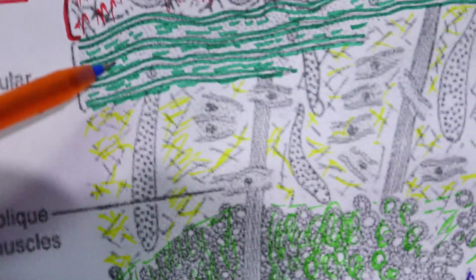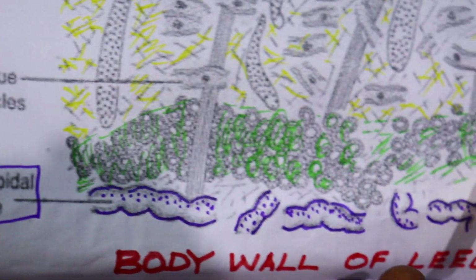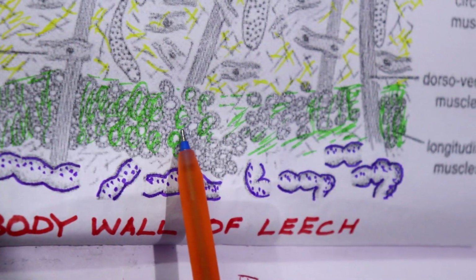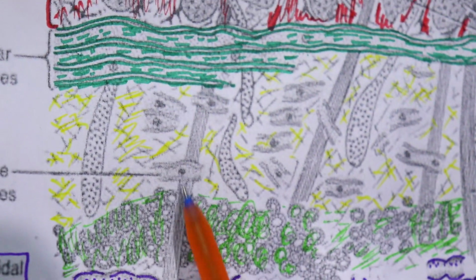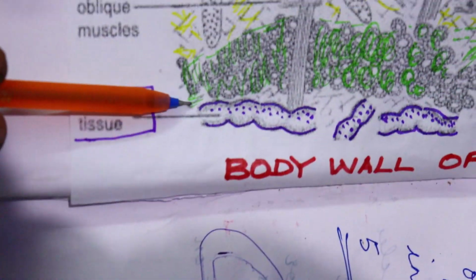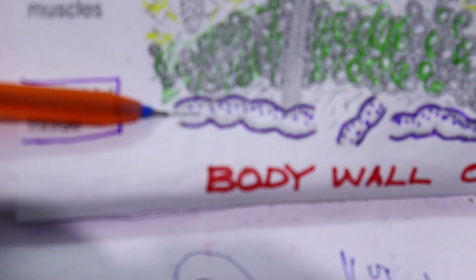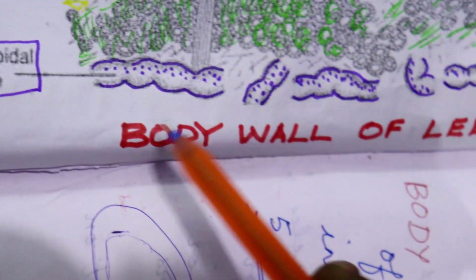It is a half cut, isn't it? It is a small portion. So it is a circular muscle. And then this is longitudinal muscles. All the muscles are taking place in this muscular layer. This is the 4th layer. And the foremost inside, below this is going to be the gut. What is gut?